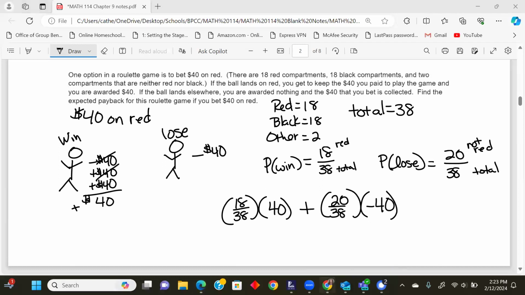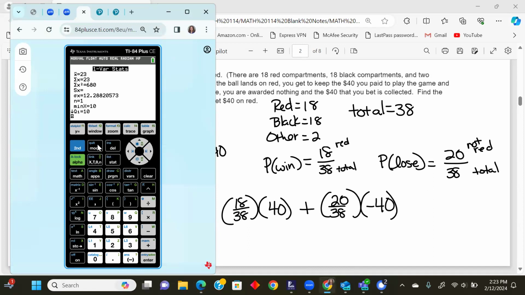We can put this straight in the calculator. It's going to take me a minute. So second mode. Oops. Hit math. Fraction over 38.